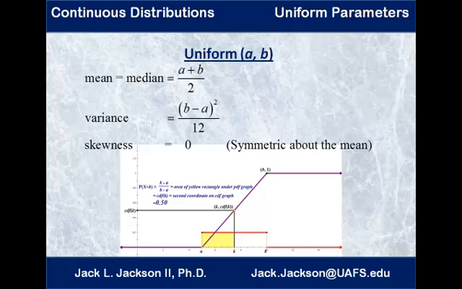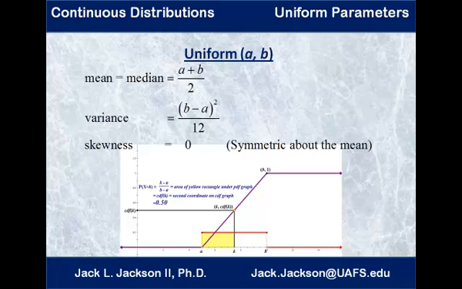It's a little harder to figure out the formula for the variance, and I'm not going to go over how this was derived, but I will just give it to you here for reference. It turns out to be b minus a squared over 12. And again, that takes a little bit to explain why that works, so I'm not going to bother with it right now, but it's there for reference if you ever need it.